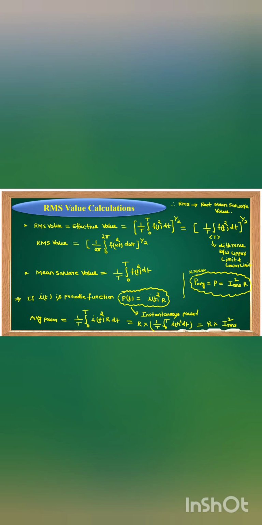For example, if it is a constant DC current, average and RMS values are equal. For a constant DC current, how to write P? P equals I square R. If the current is a constant DC current I, what is the average of this?